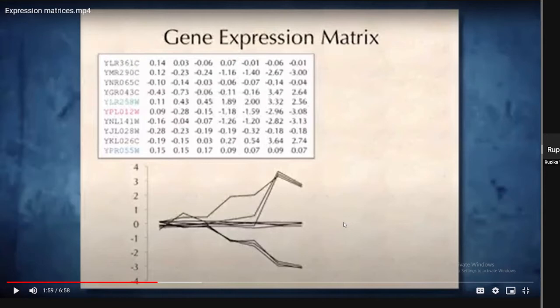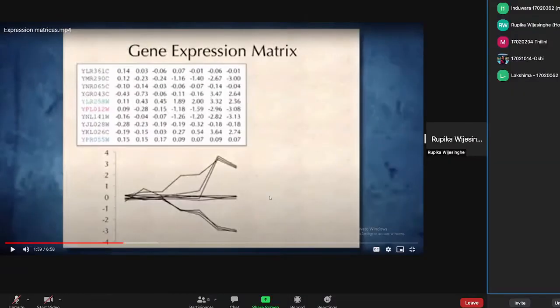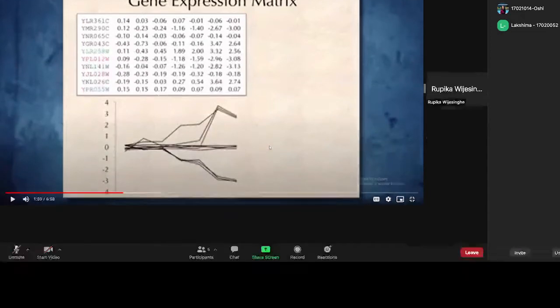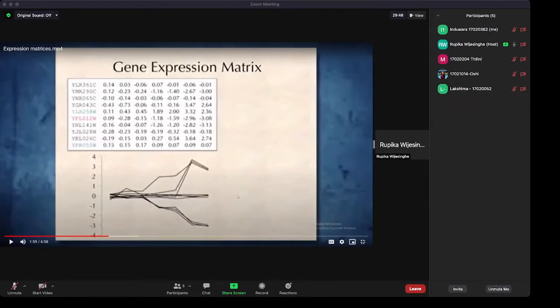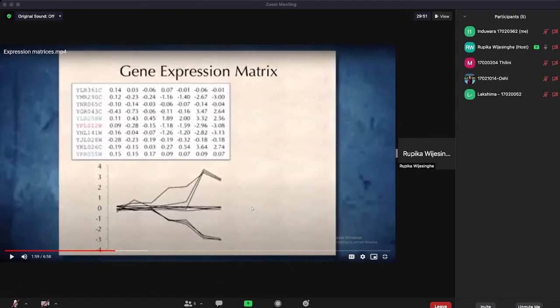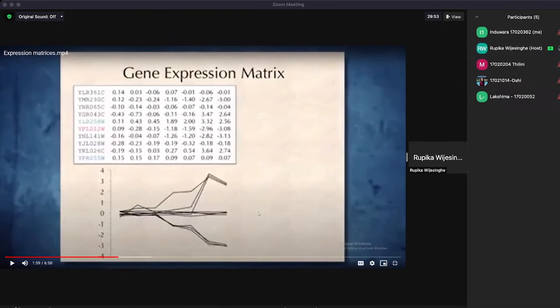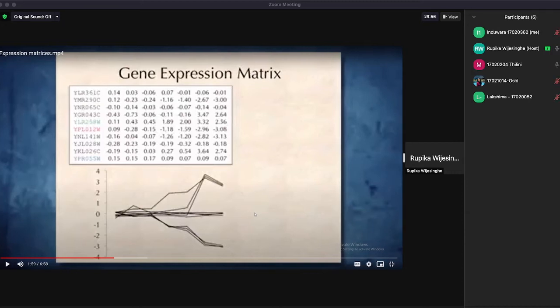So we know that, how many genes do we have, human? Thousands of genes.